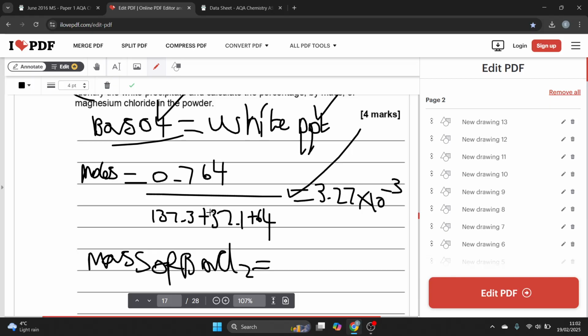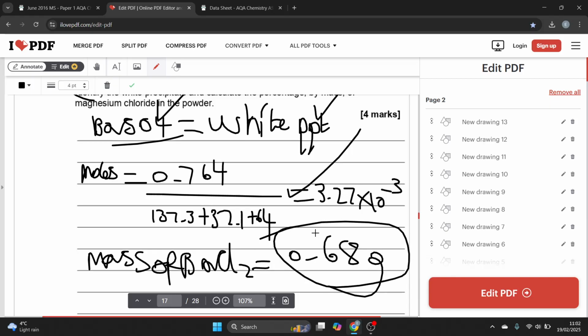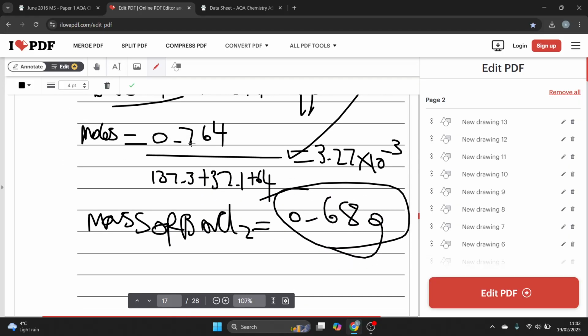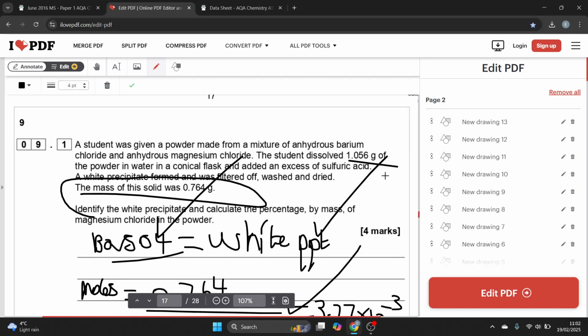I get the mass of 0.68 grams. Then now that I've got the mass of barium chloride, I know the total mass is that, so I can do 1.056 minus 0.68.